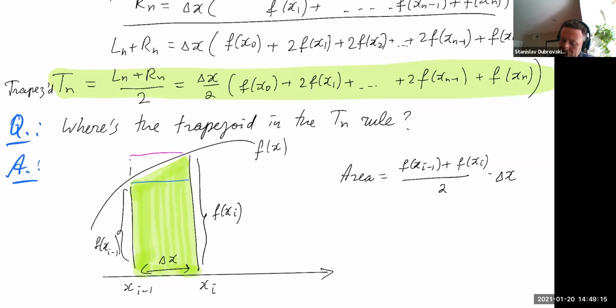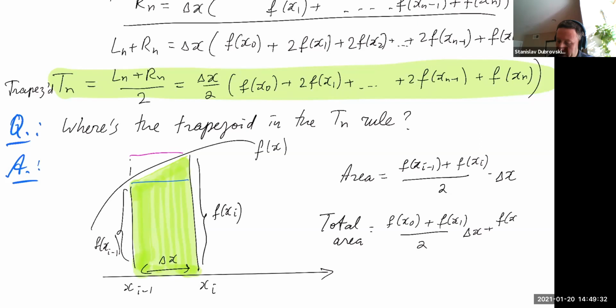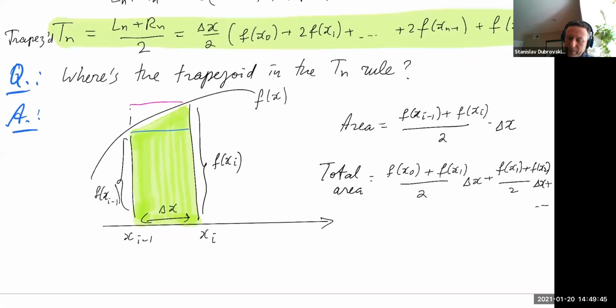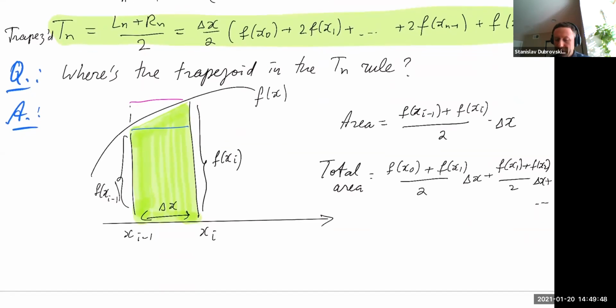So the total area would be, start with the very first trapezoid, (f(x_0) + f(x_1))/2 times delta x, plus the next one, (f(x_1) + f(x_2))/2 times delta x, plus so on and so forth. If you finish the calculation, you will see that that's exactly the same as (L_n + R_n)/2.